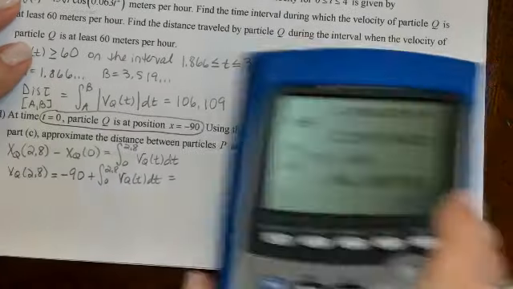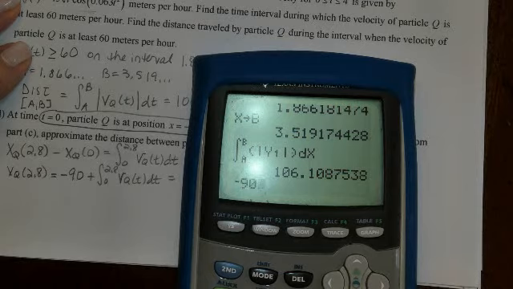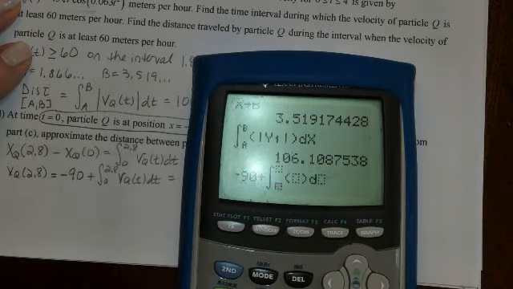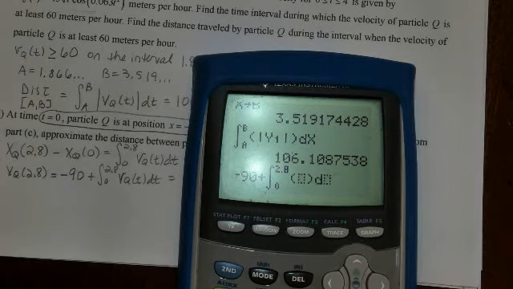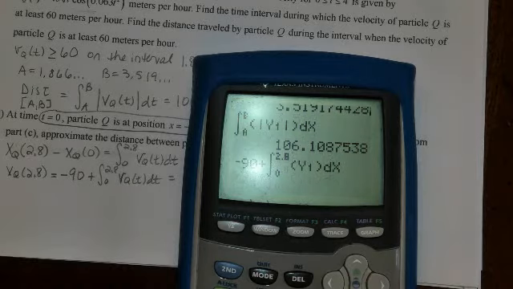Time to let my calculator work for me. So I'm going to type in -90 plus the integral 0 to 2.8 of what I have stored in for y1, and this will be the position of Q at time 2.8.